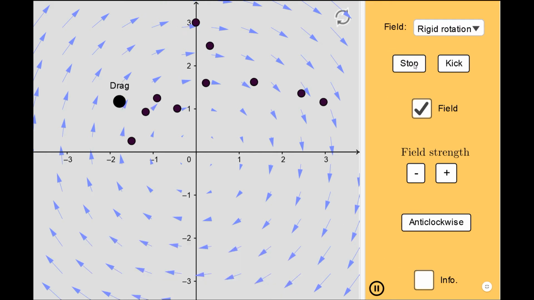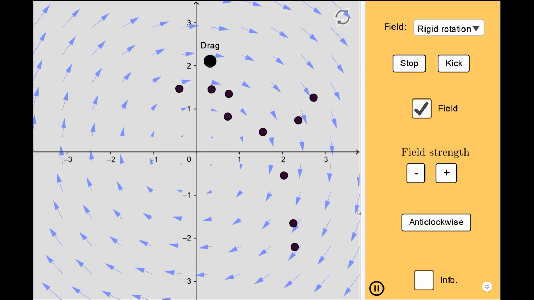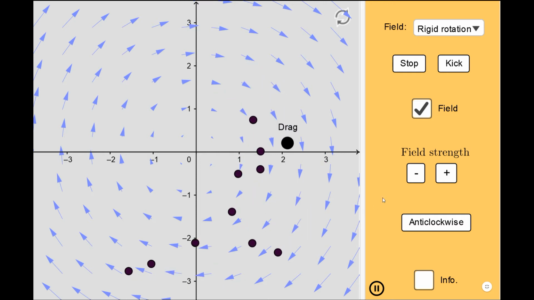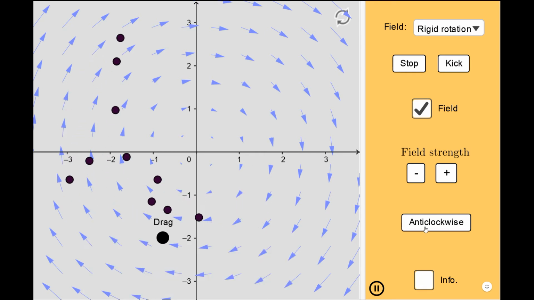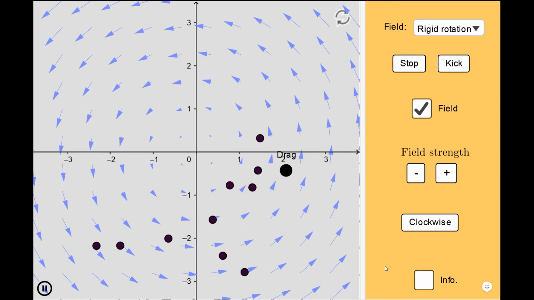I can start these points moving around. This one's moving in the counterclockwise way. If you notice, it was minus on the X, positive on the Y. And where if I switched it to the, that was the clockwise direction before. This is the counterclockwise direction.